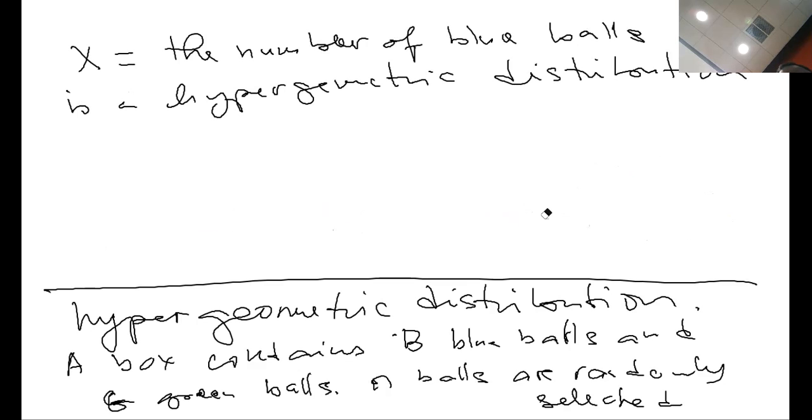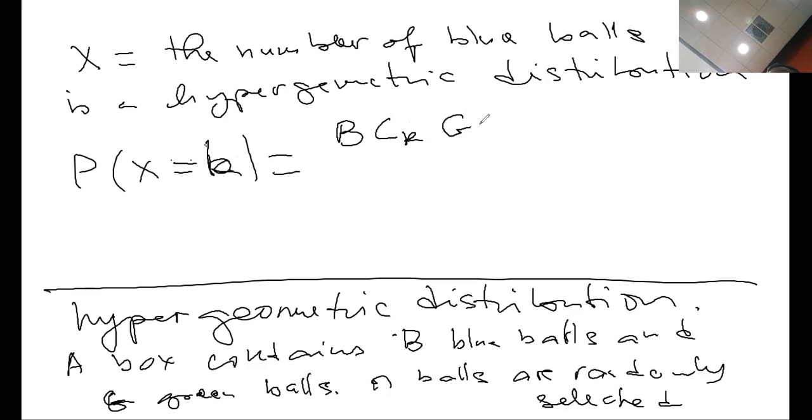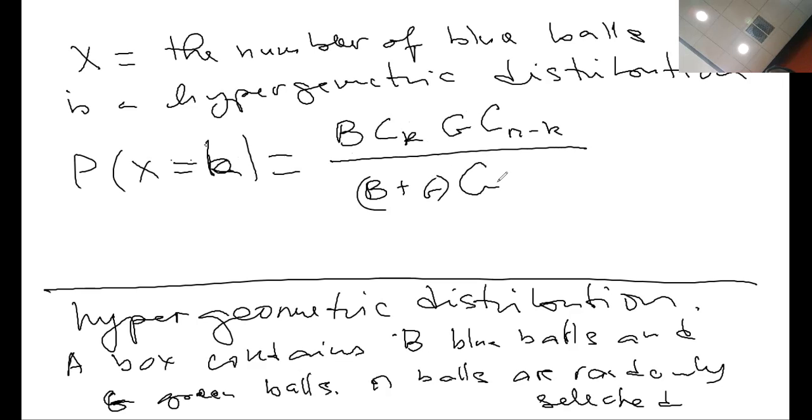So we will have here that P of x equals k, that is the probability that you have k blue balls, will be equal to choosing k blue balls out of b, and then n minus k balls out of the green, divided by b plus g combination n, the total number of balls.